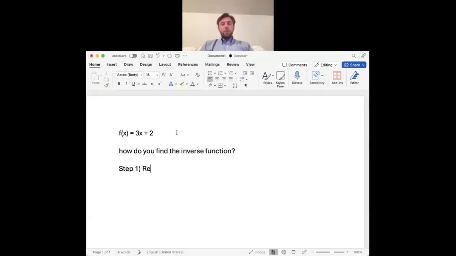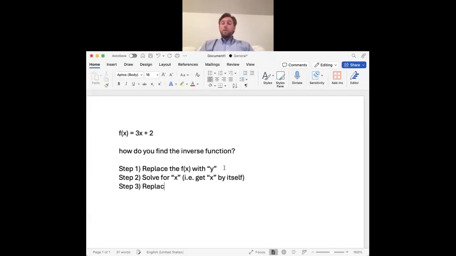Step 1: replace the f of x with y. Step 2: solve for x, get x by itself.